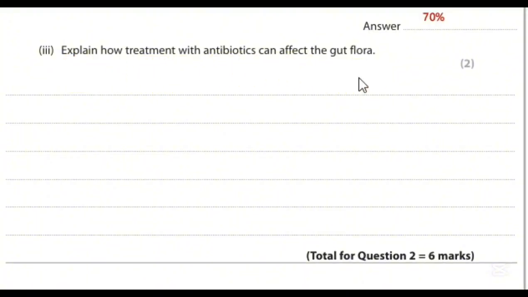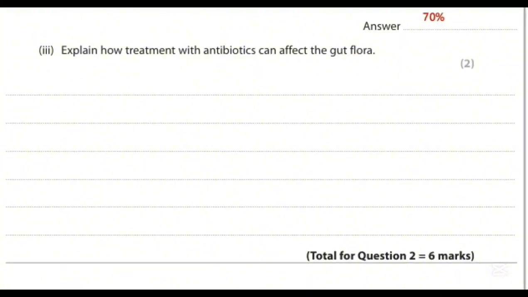Explain how treatment with antibiotics can affect the gut flora. So when we treat through the antibiotics, they cannot distinguish between the good and bad bacteria. So it will try to kill or eliminate all the bacteria present in our gut flora, including the good and bad bacteria both.